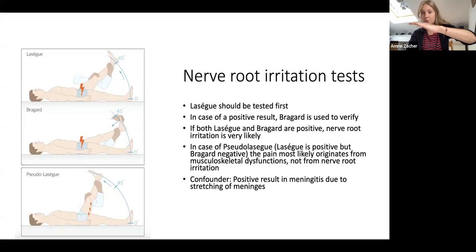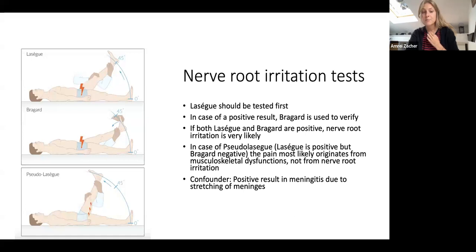So if you lower the straight leg, the pain would go away, and Bragard would be positive if the pain comes back up on the dorsal flexion of the foot. If both Lasègue and Bragard are positive, nerve root irritation is very, very likely. So you might have radiculopathy.